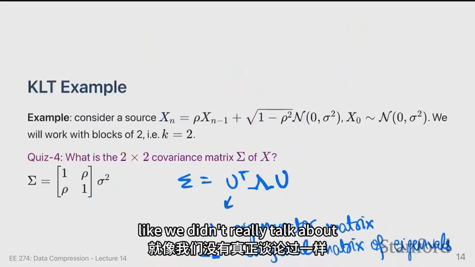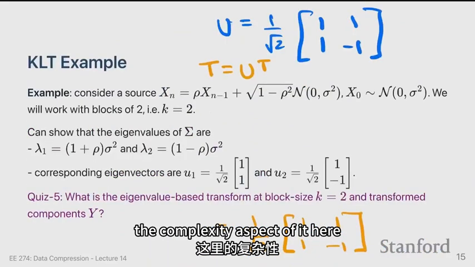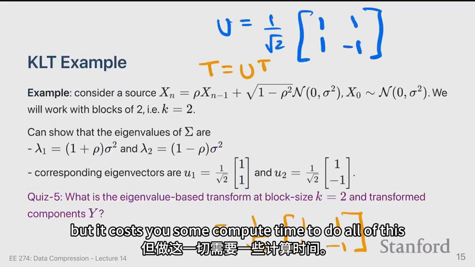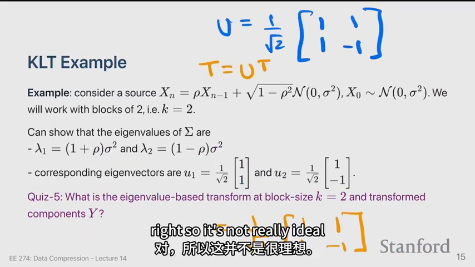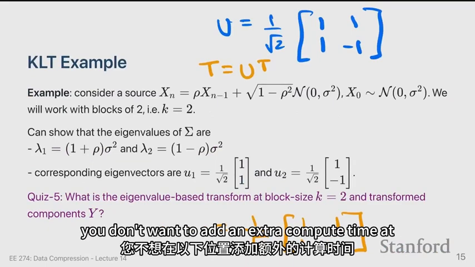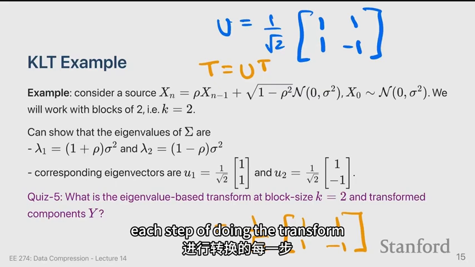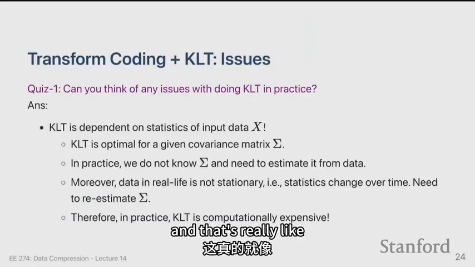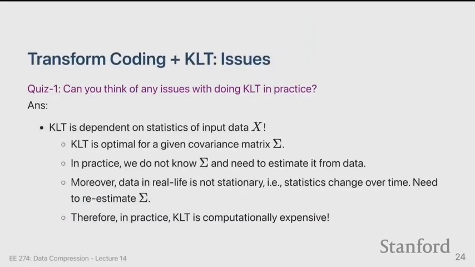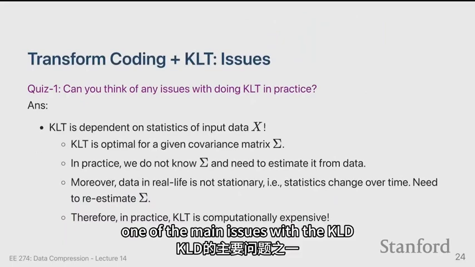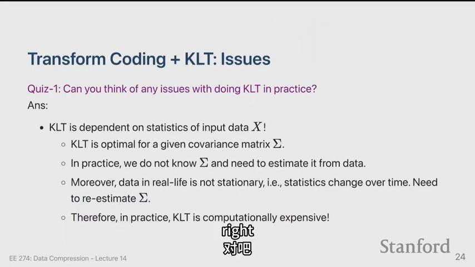We didn't really talk about the complexity aspect of it here, but it costs you some compute time to do all of this, right? So it's not really ideal. You don't want to add extra compute time at each step of doing the transform. And that's really one of the main issues with the KLT, right?